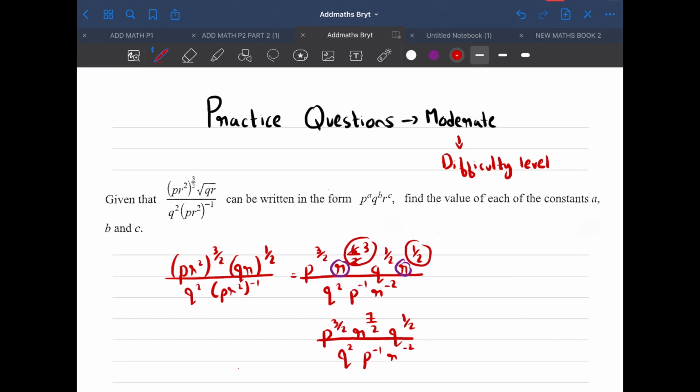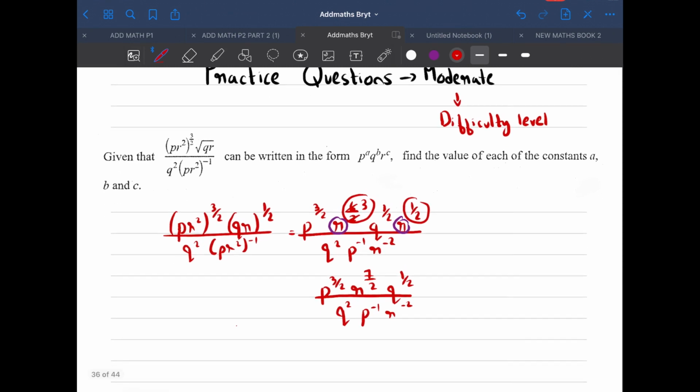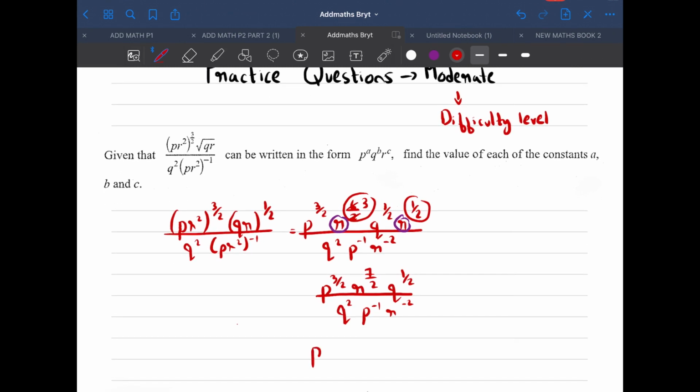Now, the powers in the denominator will come in the numerator. So it's going to become P power 3 upon 2 plus 1, Q power half minus 2, and R power 7 upon 2 plus 2.